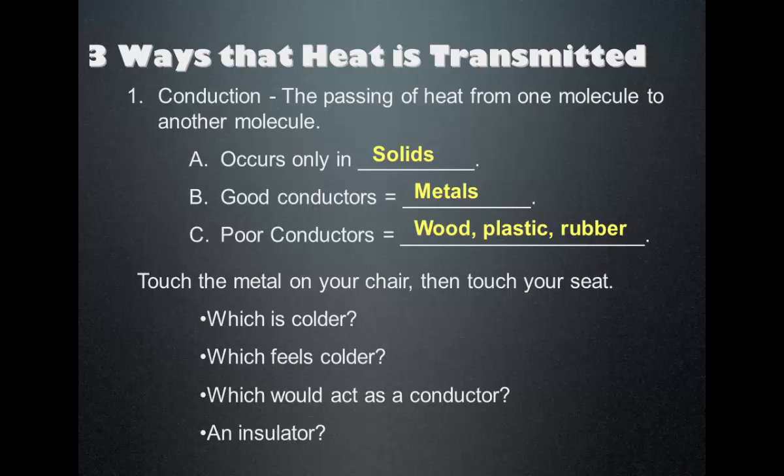Everything in this room is basically at the same temperature right now. Like the chairs, the desk, and so forth. They've been sitting all night long, so they're all about room temperature, which is right now about 67, 68 degrees. But if you touch the metal part on the back of your chair, whoa, it's cold.